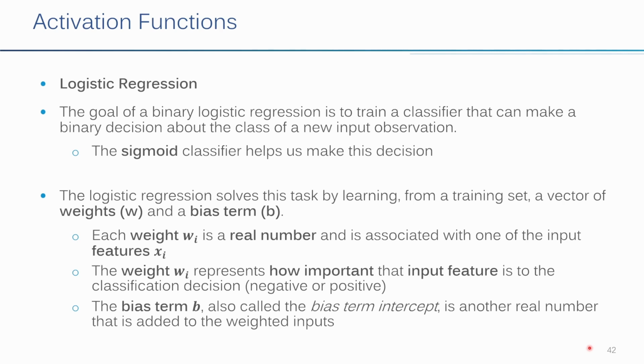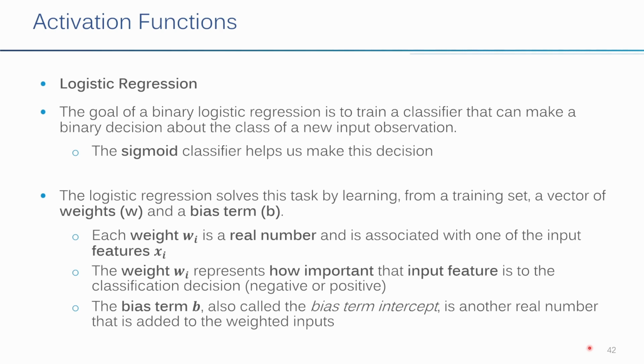And within our sigmoid classifier, or our sigmoid function, we have some interesting features that we should keep in mind. For example, we have the weight W and then the bias term B. We have one weight for every single input that we have. So every weight w_i is a number that is associated with our feature x_i on the same index.